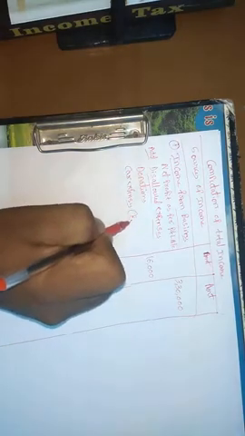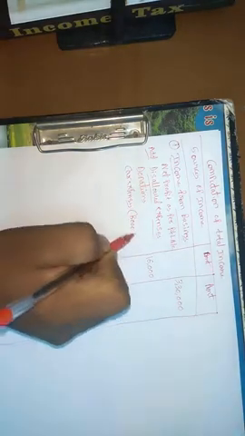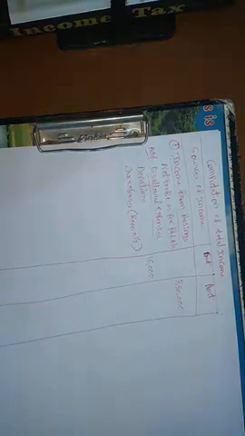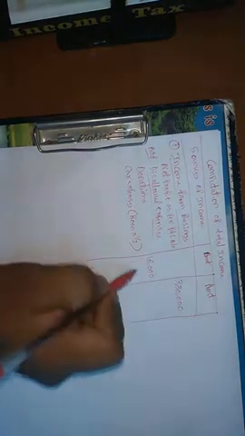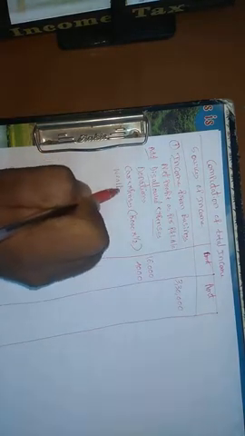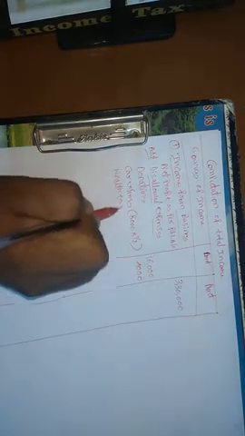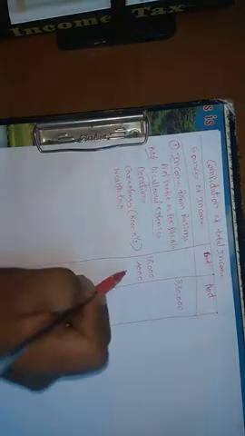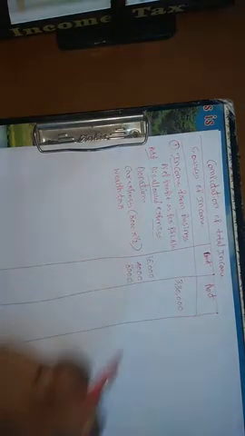Out of 8,000, half is for private use, that means 4,000 rupees. We need to add it back. Then wealth tax. Wealth tax is also disallowed. You have to add it back.